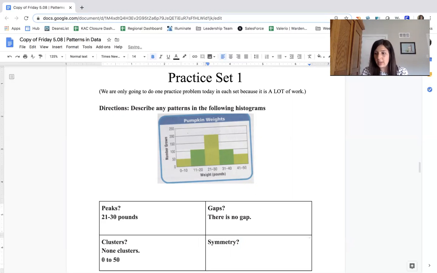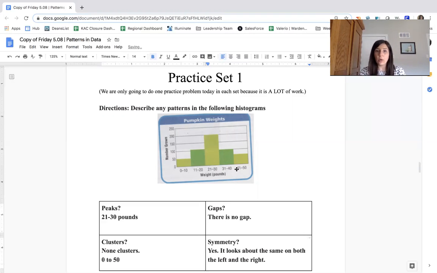And my last question that I need to ask myself is, does this histogram show symmetry? If I were to draw a line right down the middle right here, would both sides of it look similar? And again, it doesn't have to be exactly the same on both sides, but it does have to show some similarity. And again, in this case, I would say that it does. Yes, it looks about the same on both the left and the right.